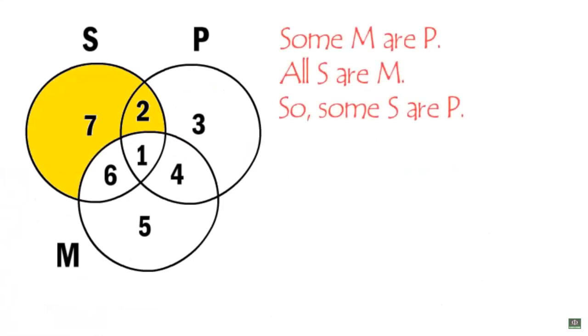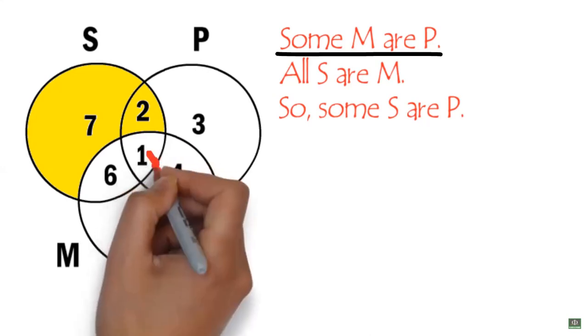Then let us diagram the second premise, which says, some M are P. Since areas 1 and 4 are so designated in the premise, then we will place the X on the line that dissects areas 1 and 4 to show that the whole area is so designated. Hence, the Venn diagram of this syllogism now looks like this.